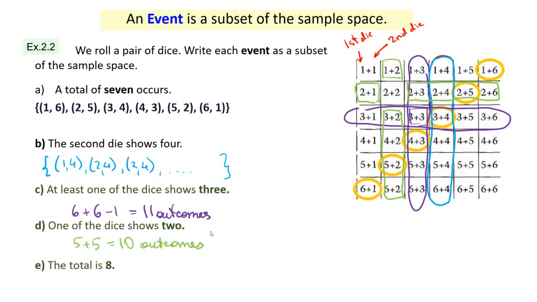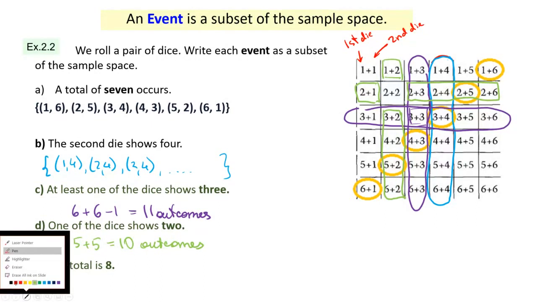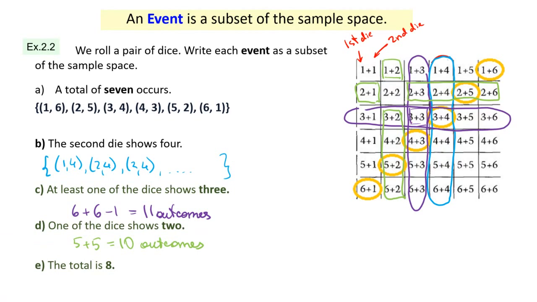The total is 8. You have already noticed that the total is the same on a diagonal. So if every diagonal has the same total, here the total is 3, on this diagonal the total is 4, 5, we need 8, yes, and so on. 8 is here: 6 plus 2, 5 plus 3, 4 plus 4, 3 plus 5, 2 plus 6.